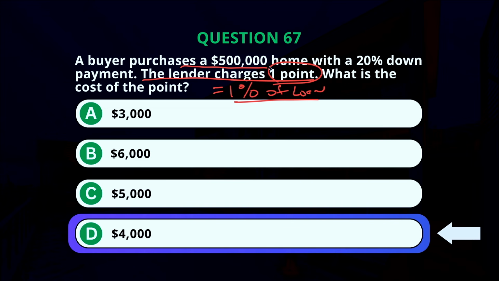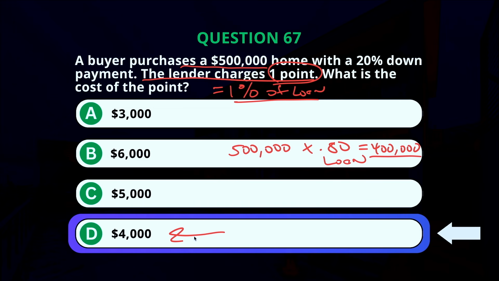Another way we can do that is we can say, what is 80% of $500,000? If we do 500 grand multiplied by 0.80, that's going to give you $400,000. Well, that's the loan amount. And so then we need to figure out what's 1% of $400,000, and the answer is $4,000.